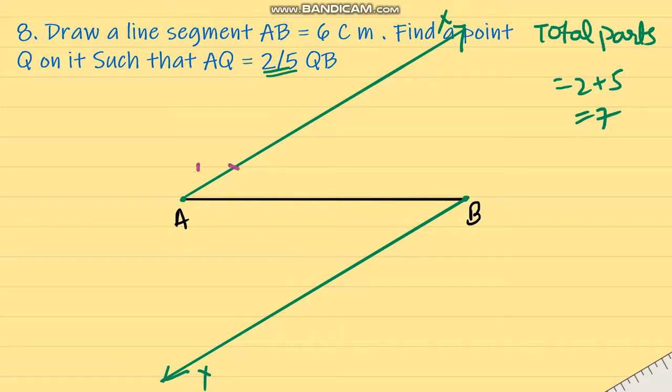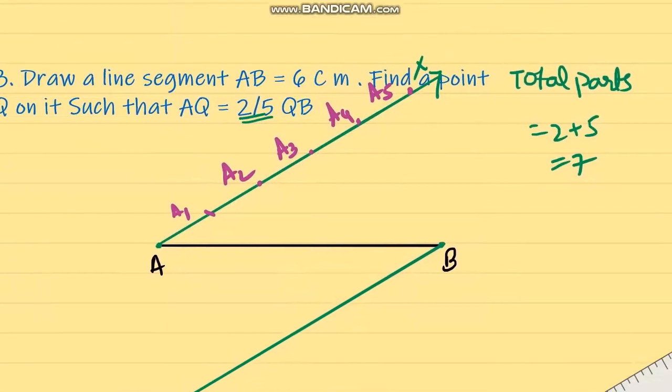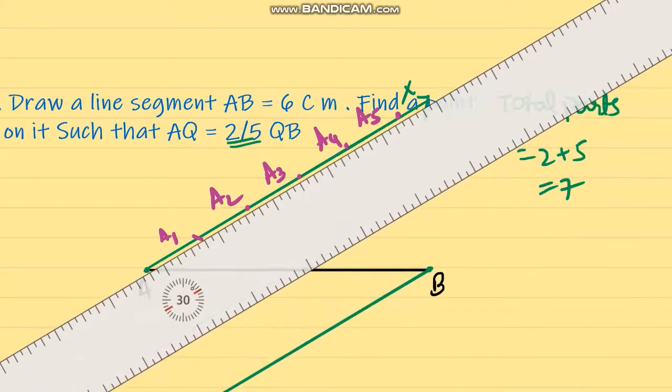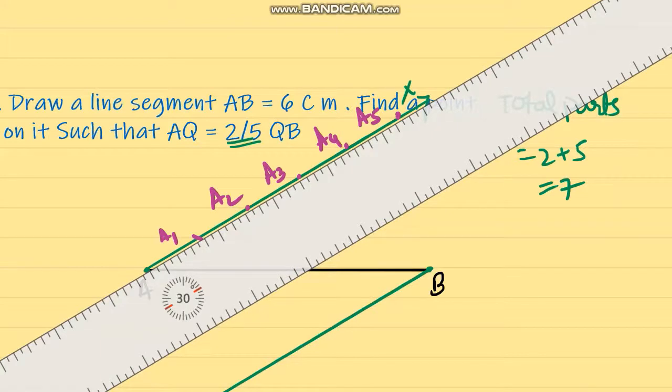This is A1, A2, A3, A4, A5. That means we need to go a little bit to the upper side. So let us move to the upper side and let us prolong this line.